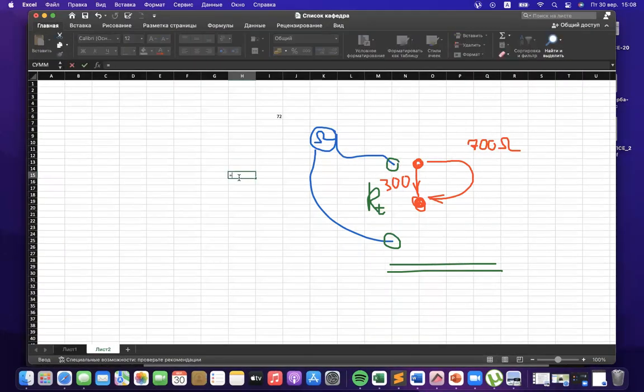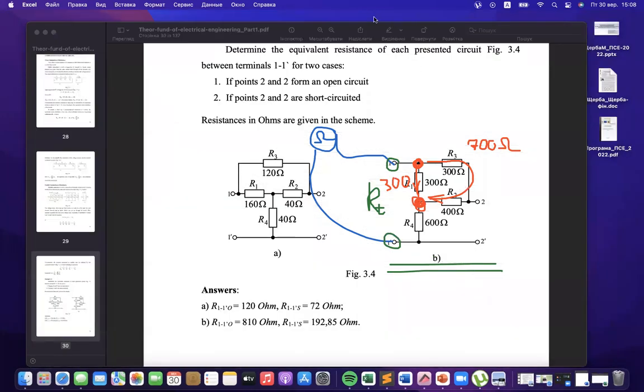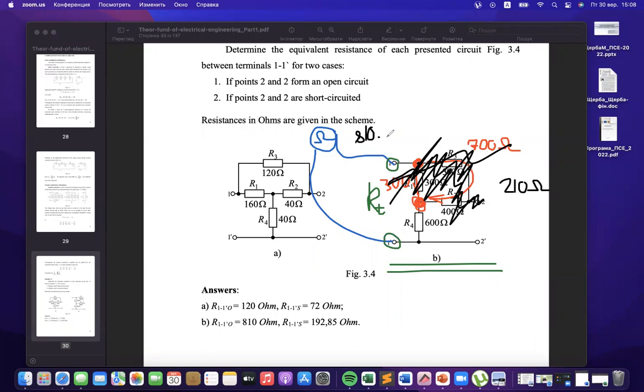It will be according to the formula that I wrote, multiplication divided by their adding. 300 times 700 over 1000 is 210. Then instead of all of them, 210 will add to 600, and the total answer will be 810 here.